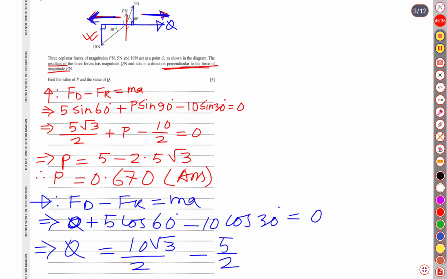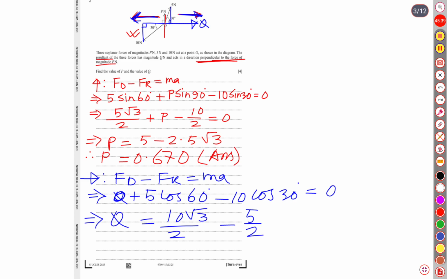Now if we use our calculator, Q is going to be 5 square root over 3 minus 2.5. So our resultant force is 6.16, if we round it up to three significant figures. 6.16 Newton.